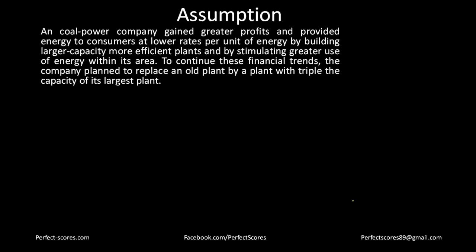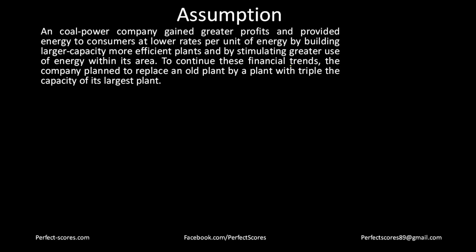The next question we have again on assumption. A coal power company gained greater profits and provided energy to consumers at lower rates per unit of energy by building larger capacity, more efficient plants, and by stimulating greater use of energy within its area.